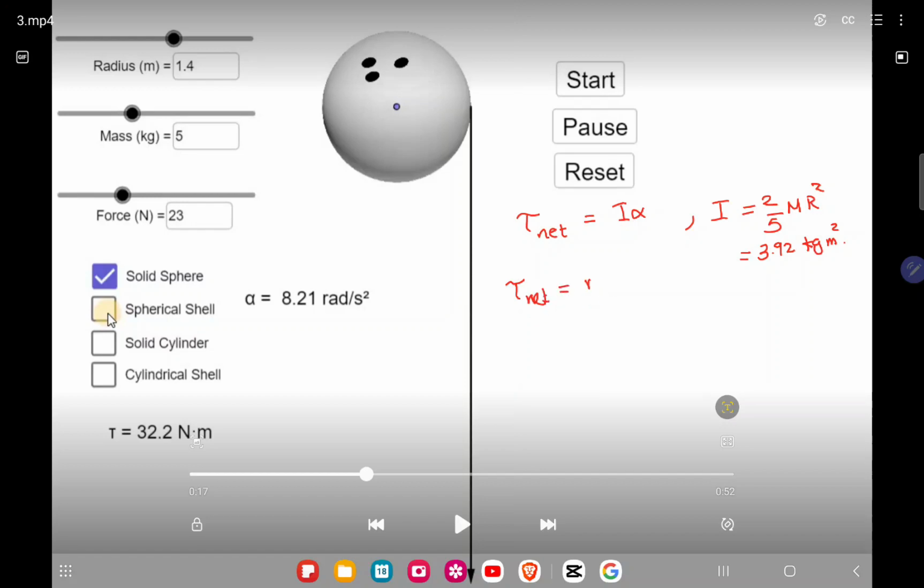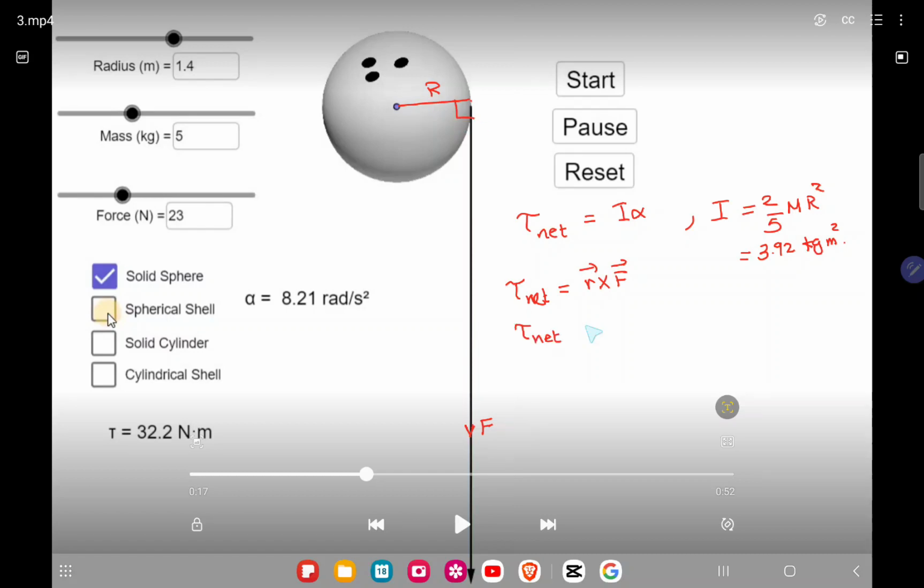Now the net torque is equal to R cross F. F is this one here, which is equal to the tension, and the radius is R, this one here. The angle between the tension, or the force in this case, and the radius is equal to 90 degrees.